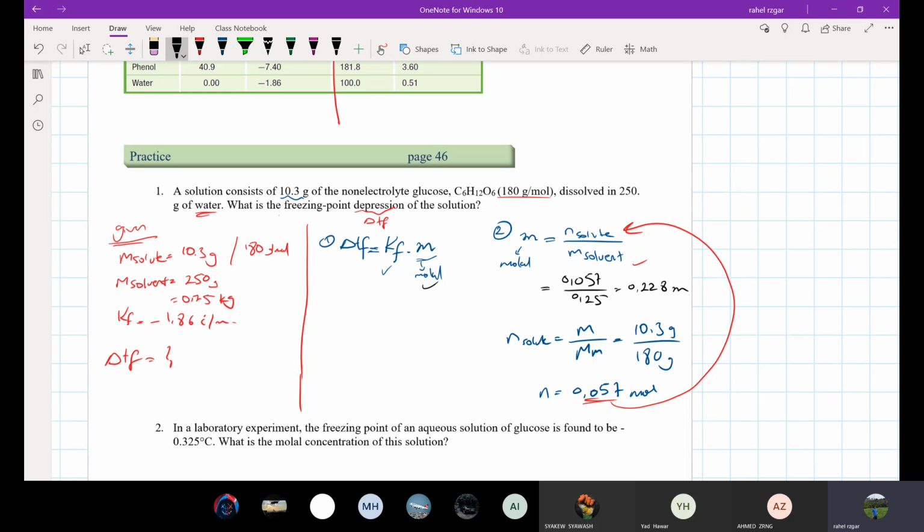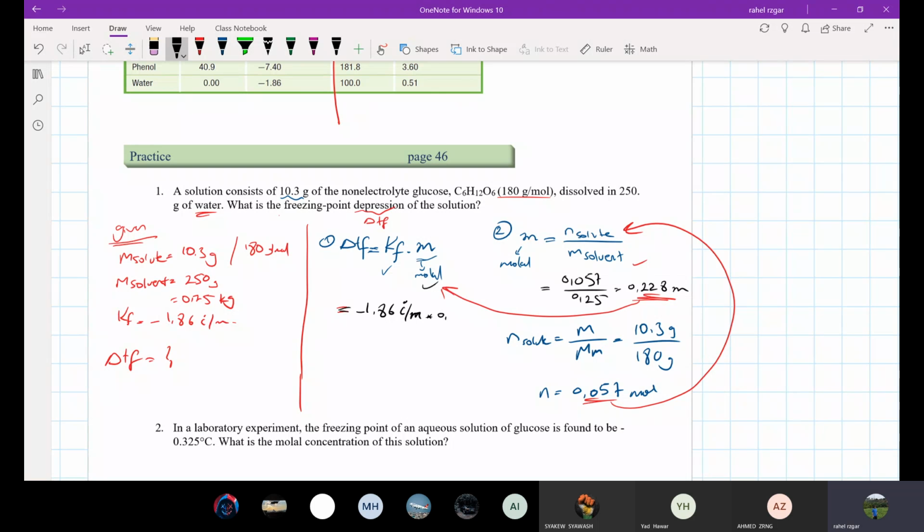Did we find molality? Yes. We found the molality. We put it here. And then it is equal to Kf. We know Kf is minus 1.86 Celsius for every molal. So for 1 molal, the freezing point will decrease by minus 1.86.